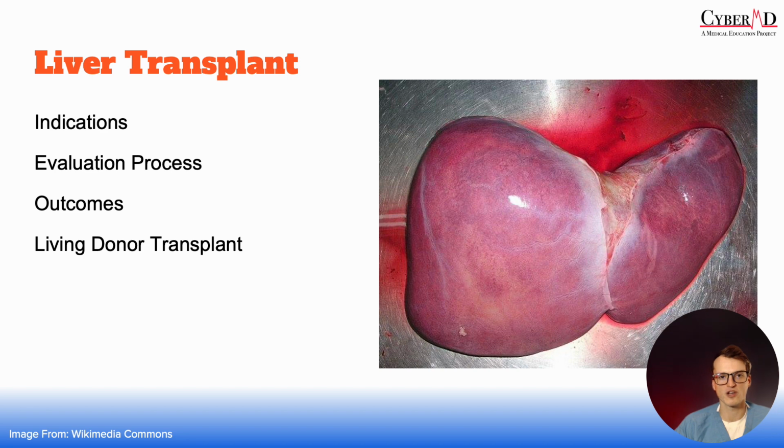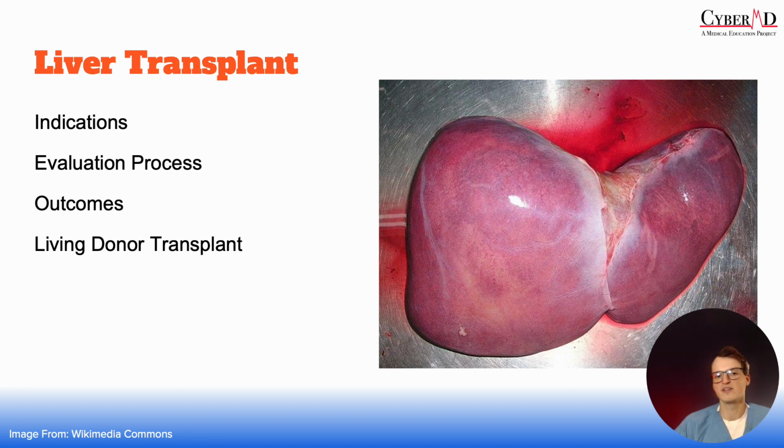All of these people are going to come together to ensure that the patient is suitable and prepared for transplant. With regards to outcomes, liver transplant can dramatically improve the quality of life and survival in patients with end-stage liver disease. Post-transplant, patients require lifelong immunosuppression to prevent organ rejection, along with regular monitoring for complications.